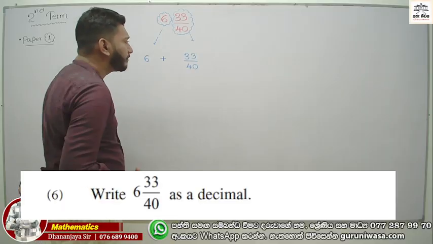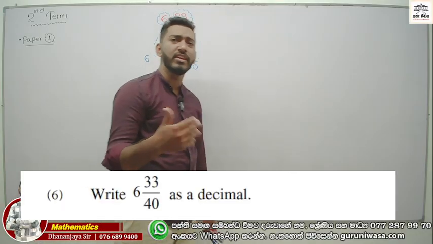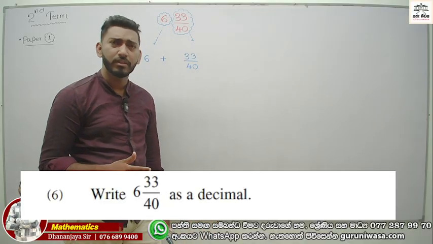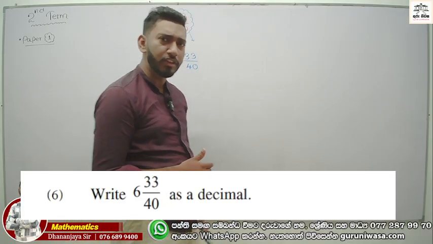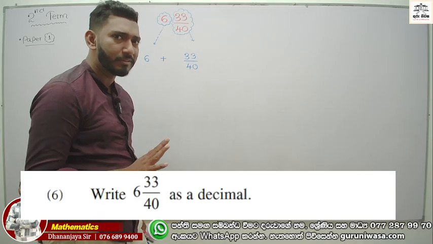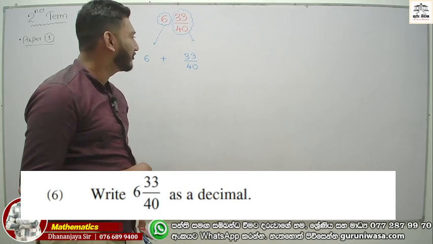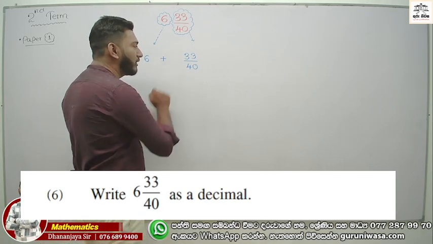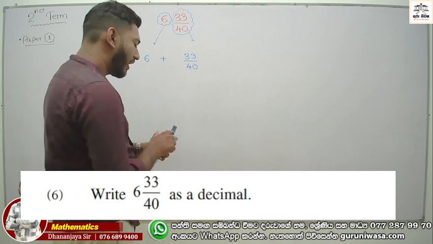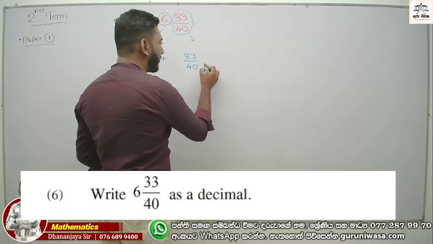And 40 we cannot change to 1000. Can we or not? We can, because why? 25 times 4 is 100. Therefore, I am going to multiply by 25.